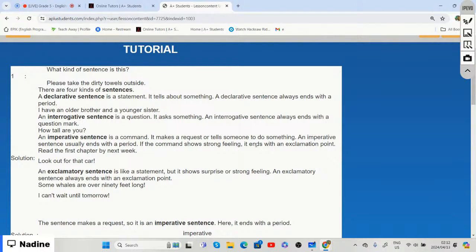And before they take people to jail, they interrogate you, they ask you a lot of questions, and they take you to the interrogation room. So an interrogative sentence means that they're asking you a question. It asks a question, and an interrogative sentence always ends with a question mark.